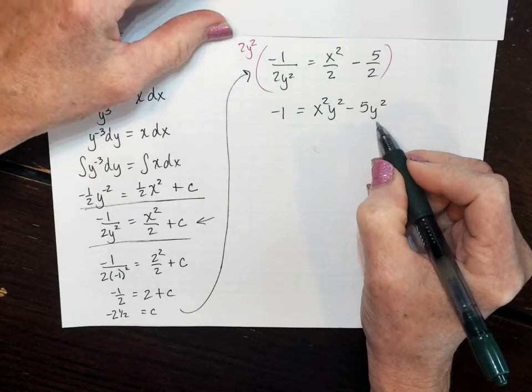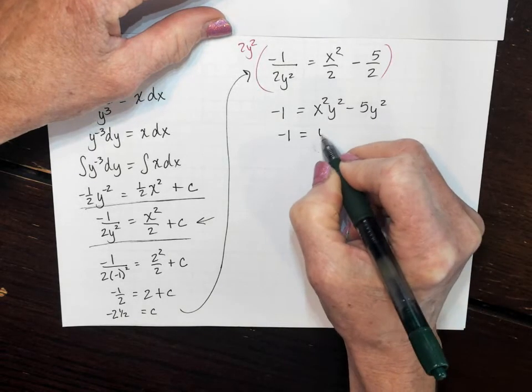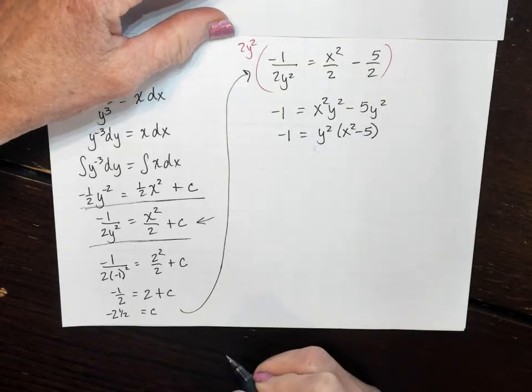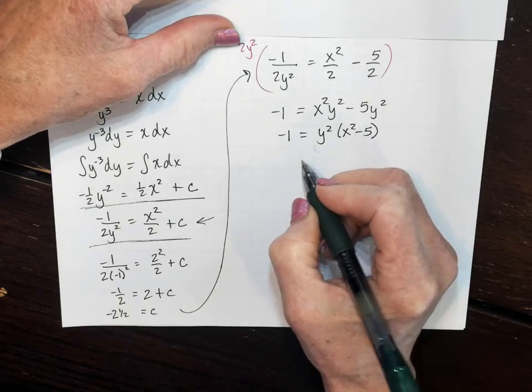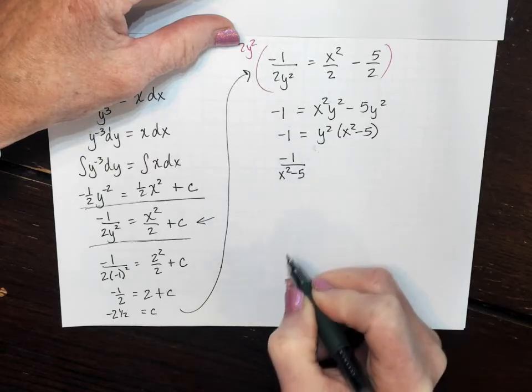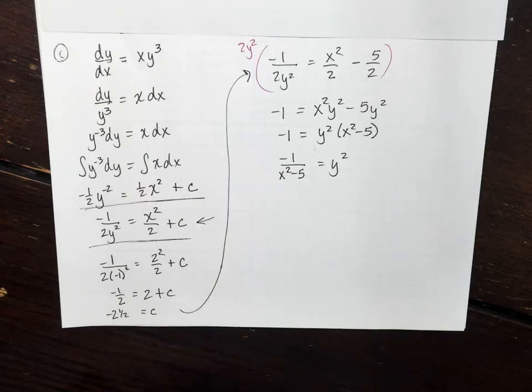Again, solving for y, so I'm going to have to factor out the y squared here. And then divide both sides by that x squared minus 5. Okay?